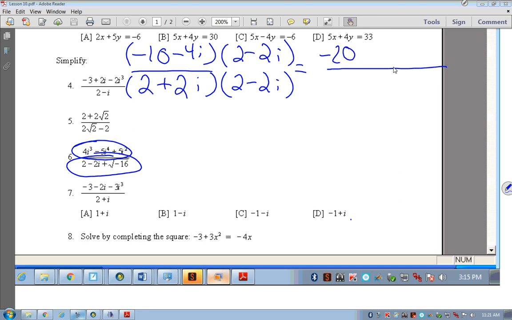Let's see, negative 4i times 2 is negative 8i, right? Negative 10 times negative 2i is positive 20i. And negative 4i times negative 2i is 8i squared, which is negative 8. Okay? You see how multiple things are happening at once? Do I need to go through that last one again? Okay? Negative 8. And I'll come back to that here in a second.